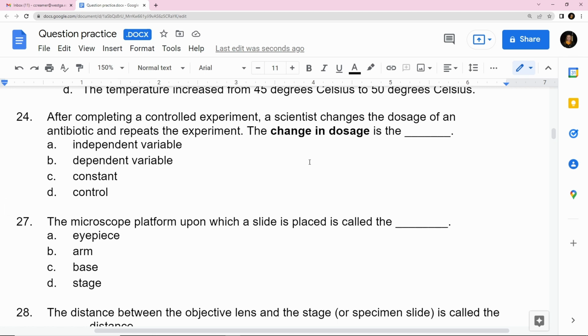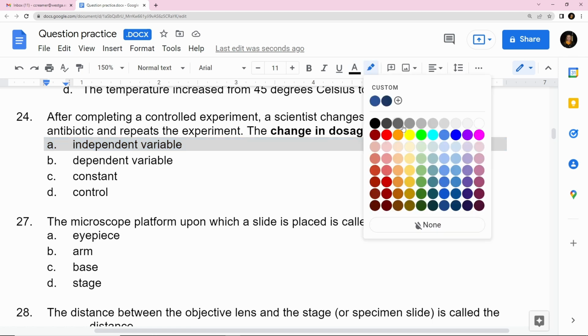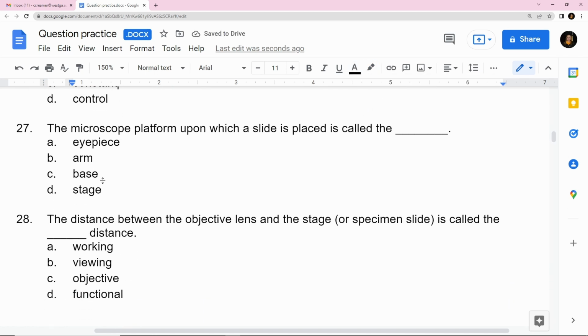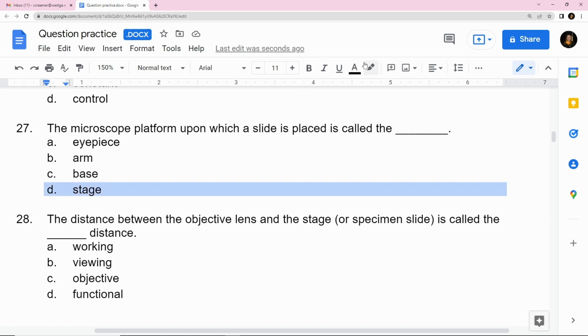If you said A, independent variable, you would be correct. The microscopic platform upon which a slide is placed is called the blank. Eyepiece, arm, base, or stage? If you said stage, you would be correct.